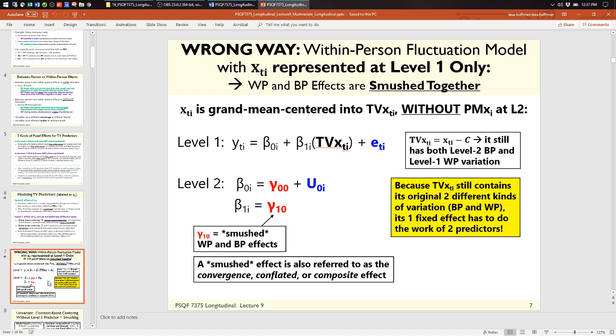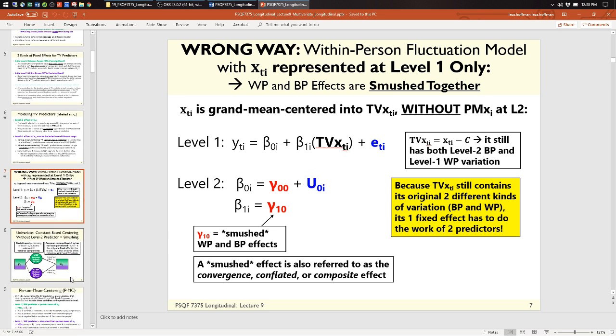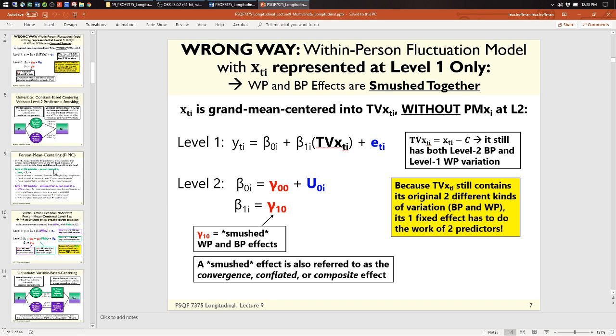When you put it into the model and you only allow it to have one fixed effect, you are assuming without testing that those two types of effects between and within are the same. They will not be the same almost always in longitudinal data because they are on different scales as well as mean different things.